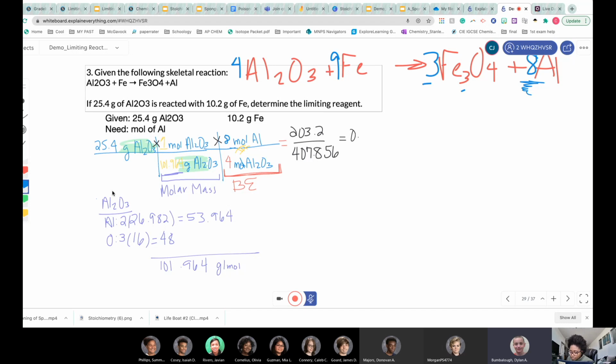Moles of aluminum. Okay. Ooh, I shouldn't have boxed that, but it's okay. So we did the first one.